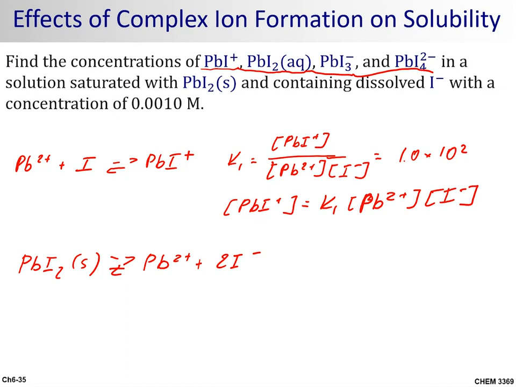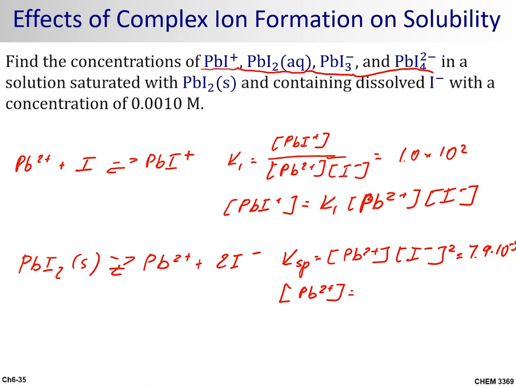The solubility product for this solid is the concentration of Pb2+ times the concentration of I minus squared, and it is equal to 7.9 times 10 to the 9th power. So from that last expression, we can calculate the concentration of Pb2+.